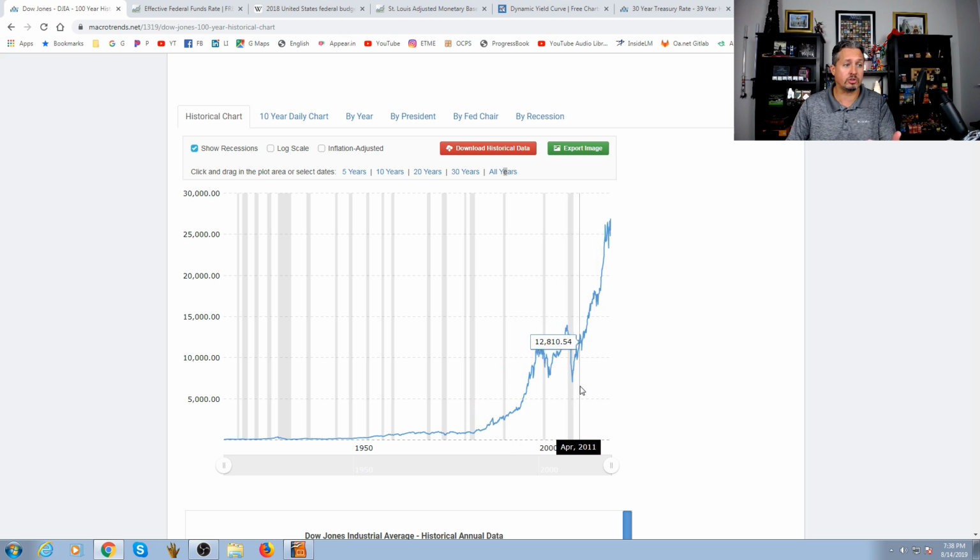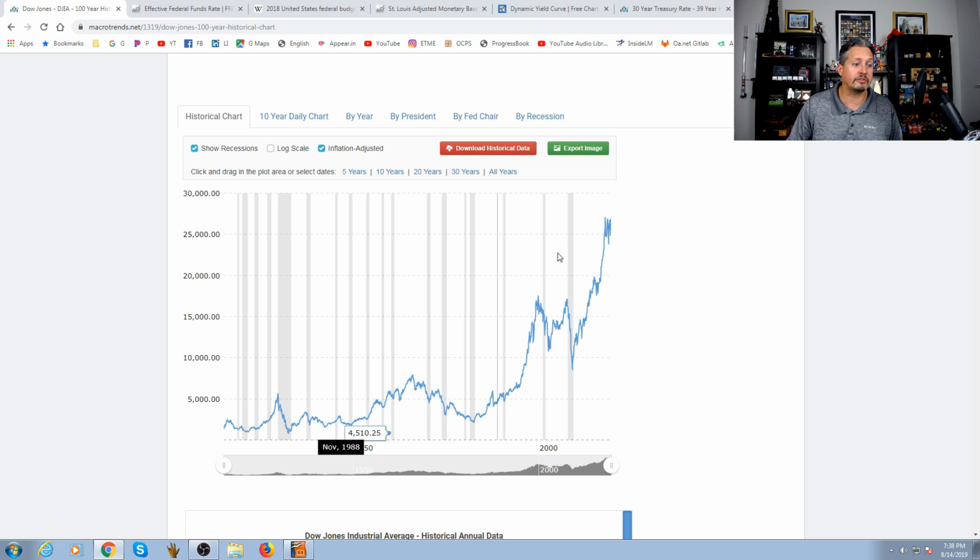Now, you'll notice how tall this is. This isn't inflation adjusted. If I click this box, even when you adjust for inflation, I want you to notice how high the .com bubble, the housing bubble, and this bubble all were. The .com bubble, when you inflation adjust, was about at the same level as the last bubble.